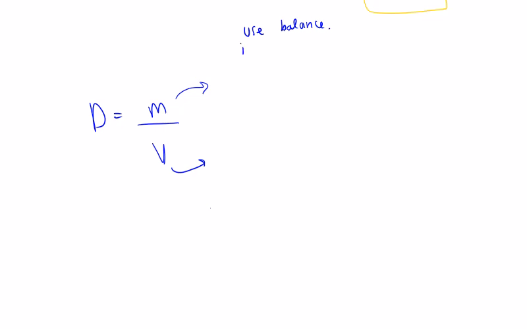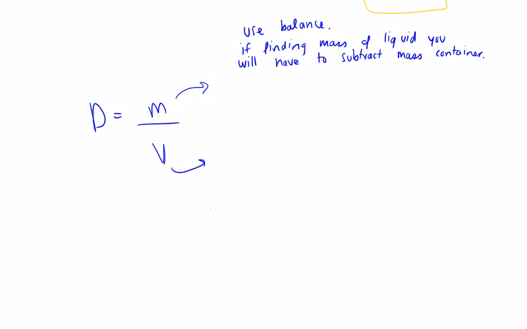So if finding the mass of a liquid, you will have to subtract the mass of the container. Okay? But our balances have a 0 button.